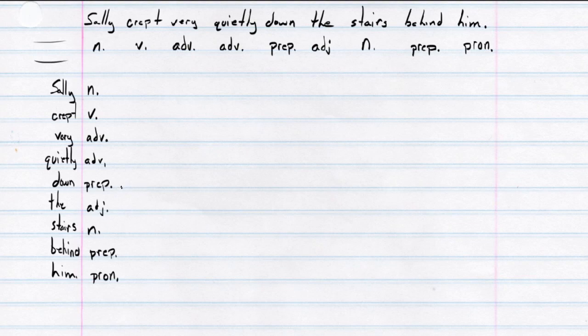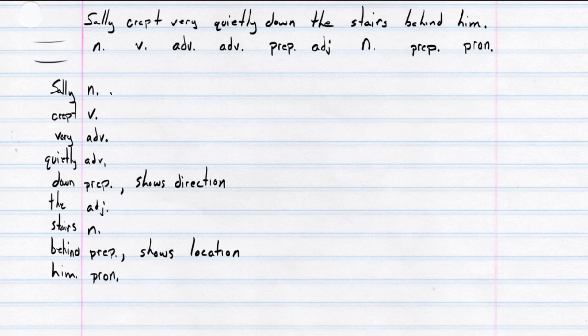And I know that it is showing direction. And I know that behind is a preposition, and I know that it shows location. Prepositions either show direction, location, or time. And so this one's showing direction, this one's showing location.